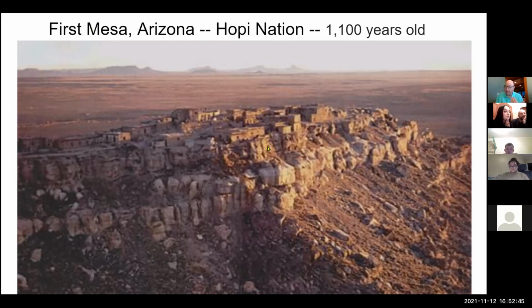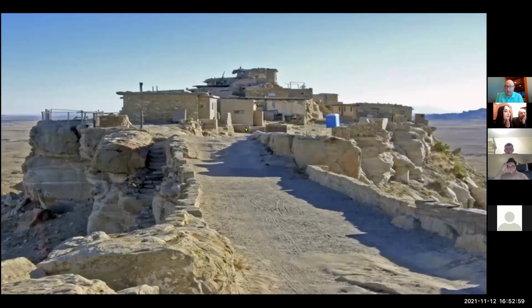And Barbara and I actually visited this town several years ago when we were supporting a daughter of a Hopi family that we got to know. And we drove into this town on this little road, and this town is 1,100 years old, still being lived in to this day. It's had people living there for 1,100 years.